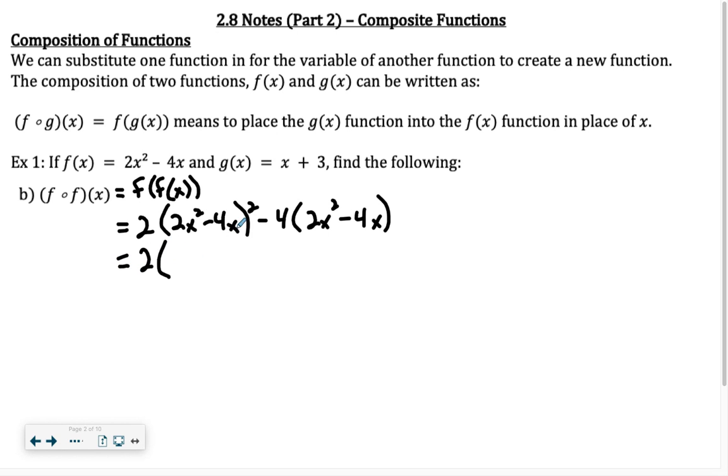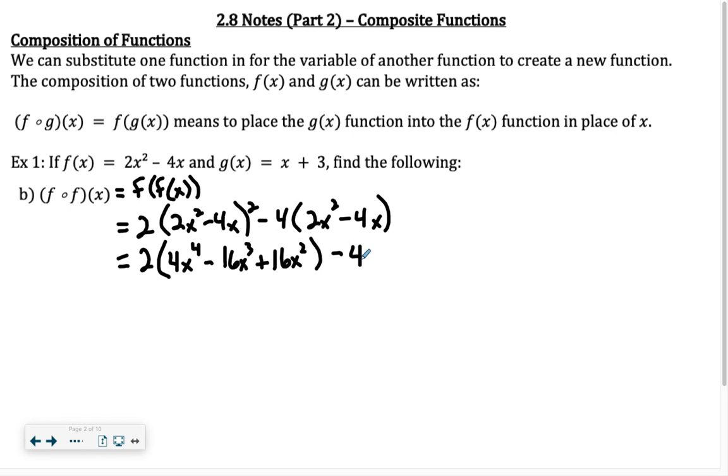So again, our shortcut, square the first. So 2x squared would be 4x to the fourth. Take 2 times the product of the 2. So the product of these would be negative 8x cubed. If I multiply that by 2, I would get negative 16x cubed. And then square the last. So negative 4x squared would be positive 16x squared.